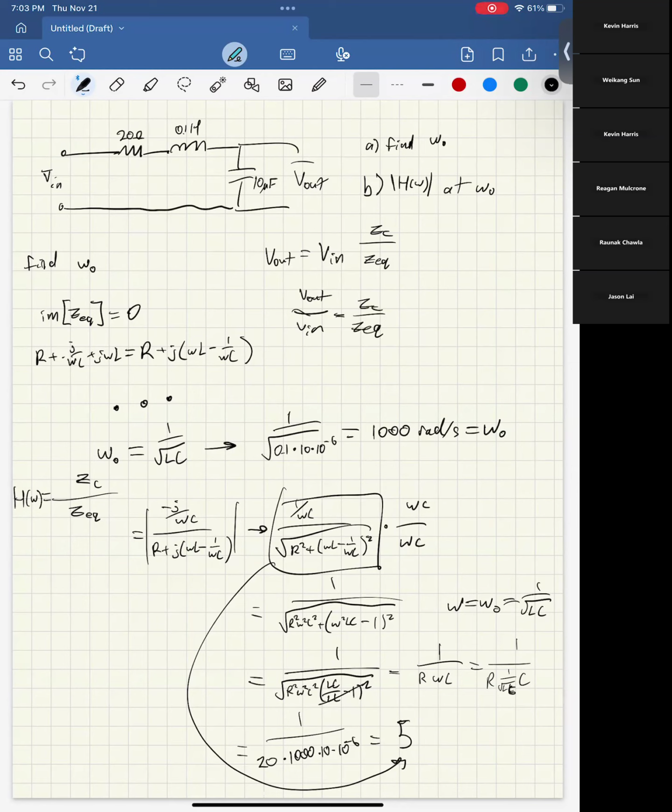And then if I wanted to get the magnitude of the transfer function, it would be the magnitude of Z capacitor over Z equivalent. And that's what I did here. I just did that math not very clearly.